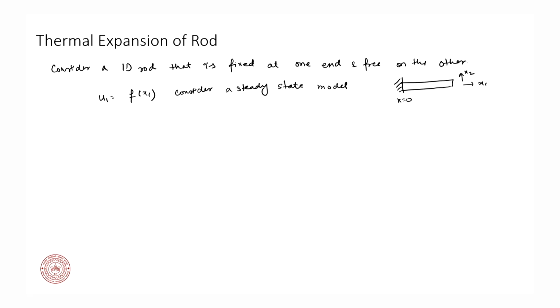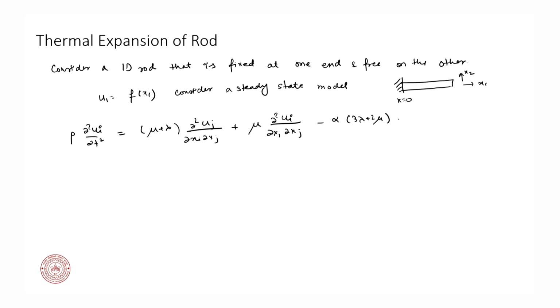So, let us write our equation again. So, we had ρ ∂²ui/∂t² equal to (μ+λ) ∂²uj/∂xi∂xj plus μ ∂²ui/∂xj∂xj minus α(3λ+2μ) ∂T/∂xi plus ρbi.